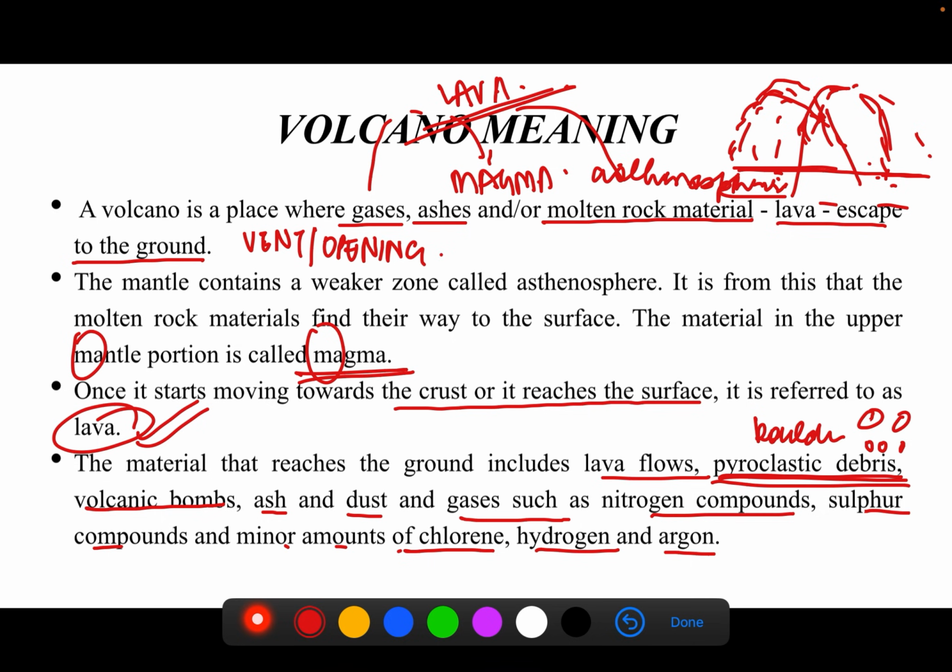What all is now released? It releases lava, pyroclastic debris, volcanic bombs, very big stones, big particles of stone or big boulders are called volcanic bombs. Ashes, dust, gases like nitrogen, sulfur, minor amounts of chlorine, hydrogen and argon. This is all that is released. Now let's move further.